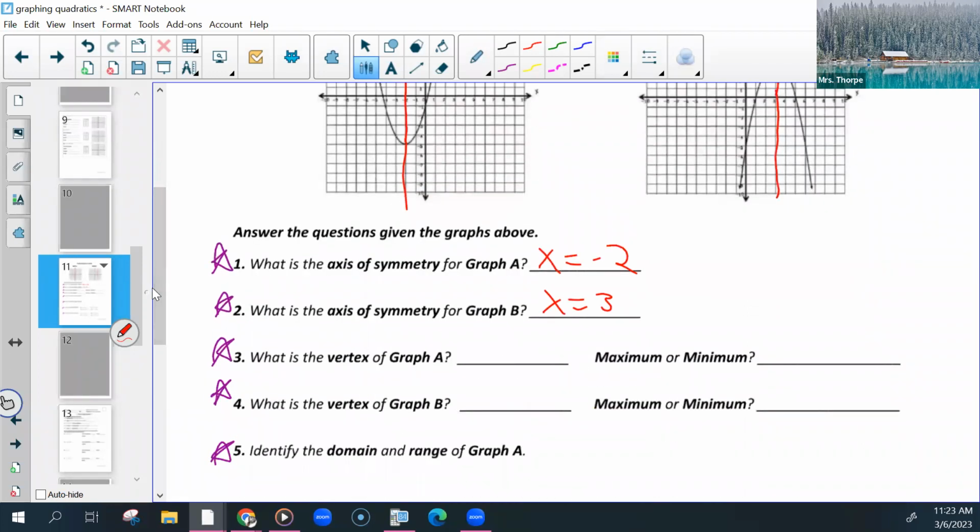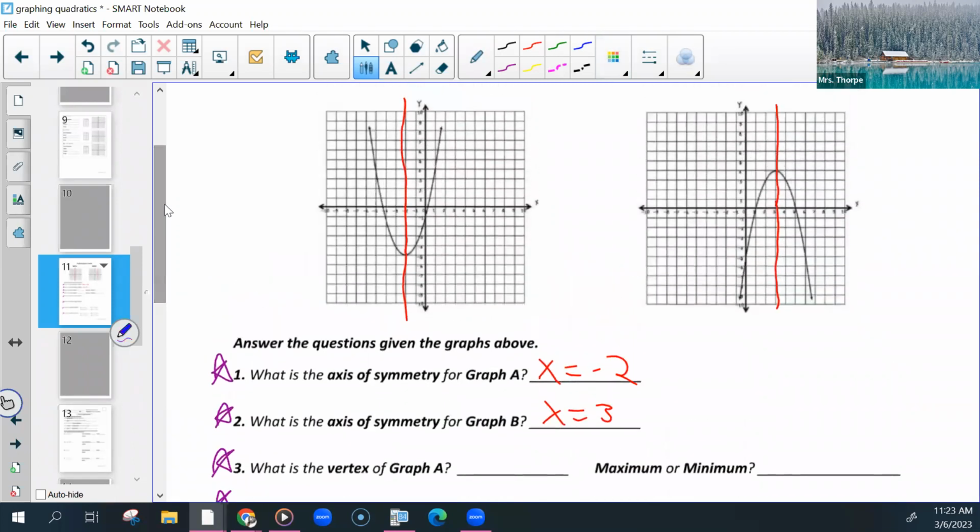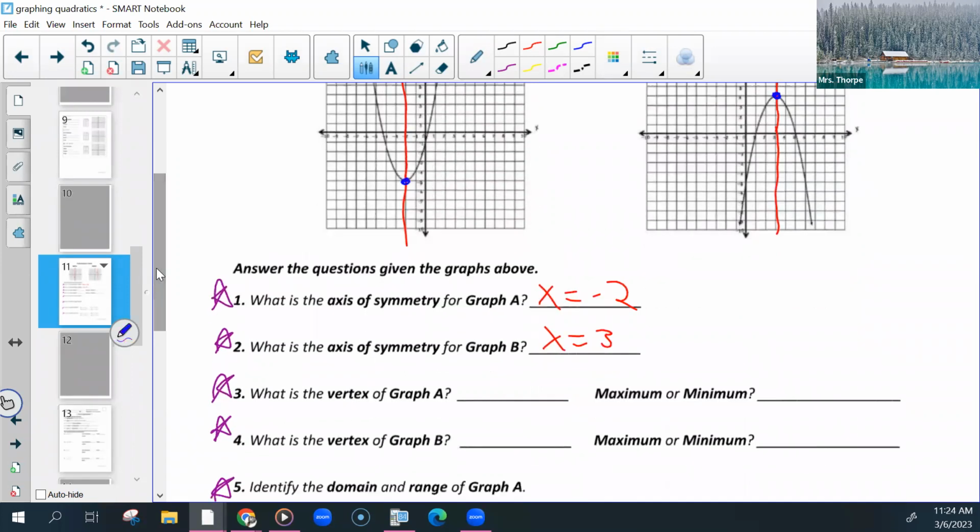Then we're looking for the vertex of both. Remember, that's your lowest or highest point on your axis of symmetry. So what would the vertex of graph A be? And then the vertex of graph B?